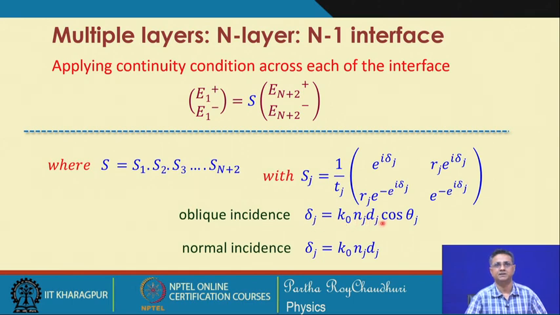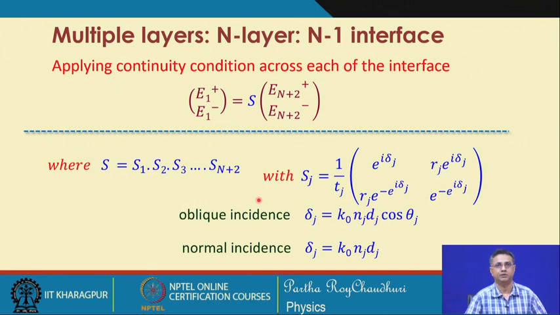For oblique incidence, this delta j will have a cosine theta j, but for normal incidence this will be only k 0 n j d j. So, this is very simple to formulate, and this is the well known matrix formulation for multi-layer propagation of electromagnetic waves.